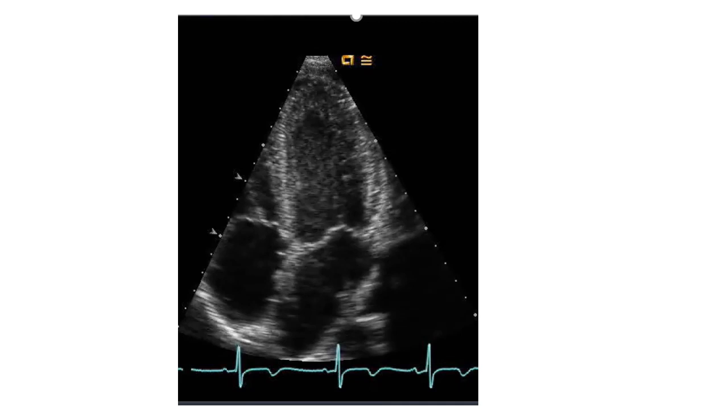After that, we go to the apical window. We said that from the parasternal window, we can get multiple views, like the parasternal long axis view and the parasternal short axis view. In the short axis, we can get the level of the mitral valve, which coincides with the basal LV segments, and also the mid cavity, between brackets the papillary muscle, and the apical LV segments.